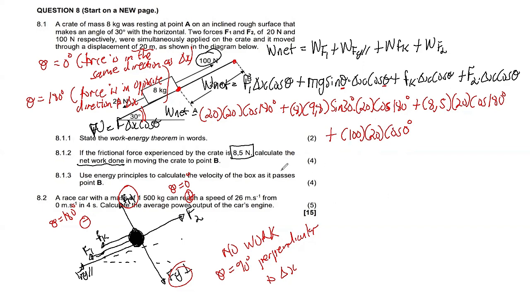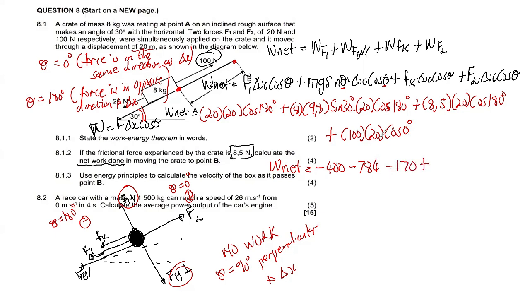Now, when I punch all that into my calculator, that means my W net. If I just punch this 20 cos 180, that's negative 400. If I punch the 8 times 9.8 sine 30, 20 cos 180, I'm getting a value of negative 784. And then if I punch 8.5 times 20 cos 180, I'm getting a value of negative 170.